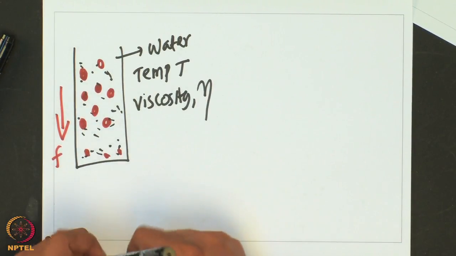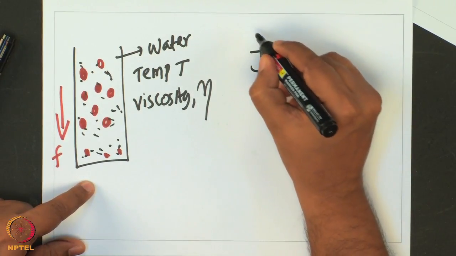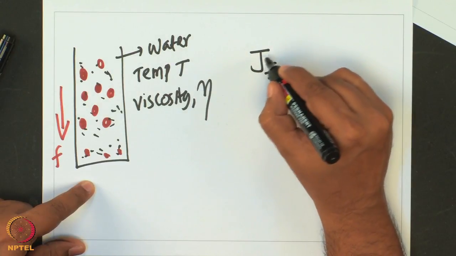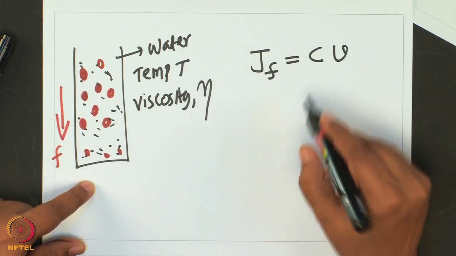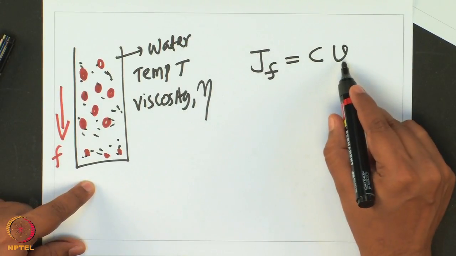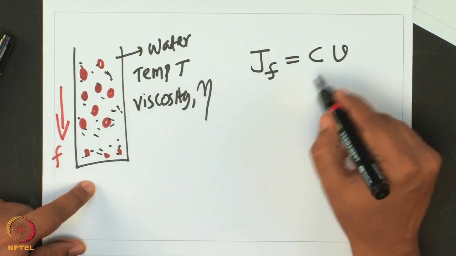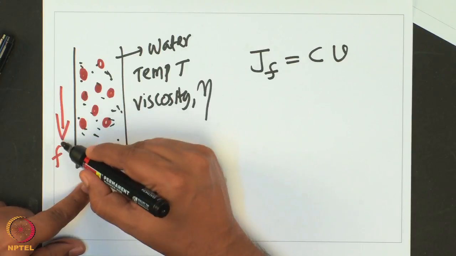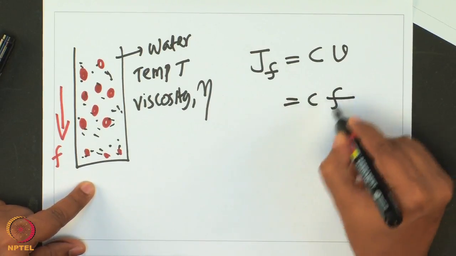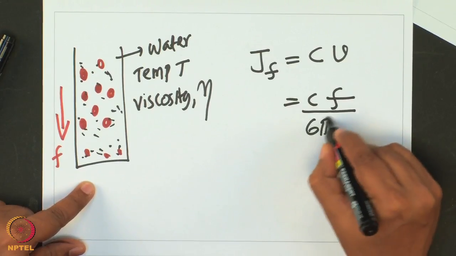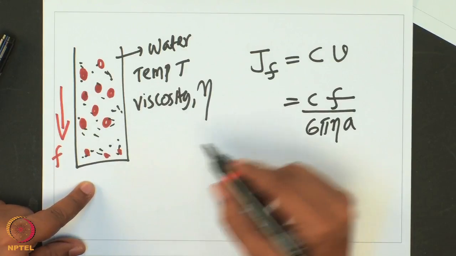This flow, which we can estimate, due to the gravitational force, which is Jf, we know is C times V, where C is the concentration and V is the speed with which this would come, and this V is related to the force, and can be written as Cf by 6 pi eta A, where A is the radius of this particle.